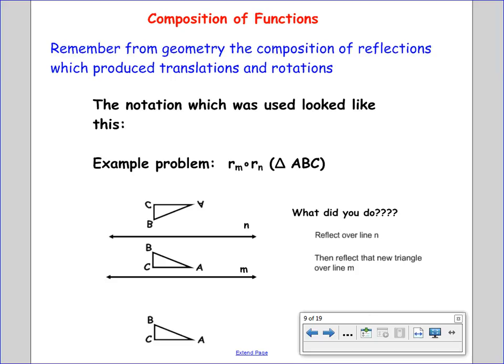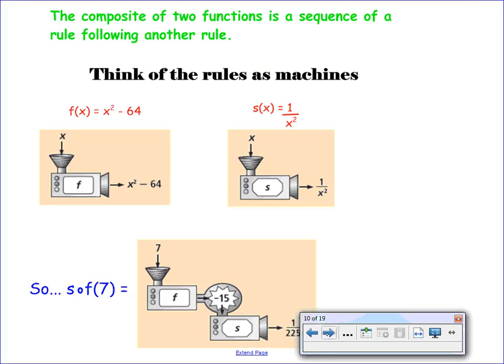There was our first reflection, got this middle image, and then we went over line M last, and so we ended up down there. A function composition is going to be the same deal, where we perform more than one function evaluation subsequently. Let's go ahead and take a look at our function rules here. So the composite of two functions is a sequence of a rule following another rule.